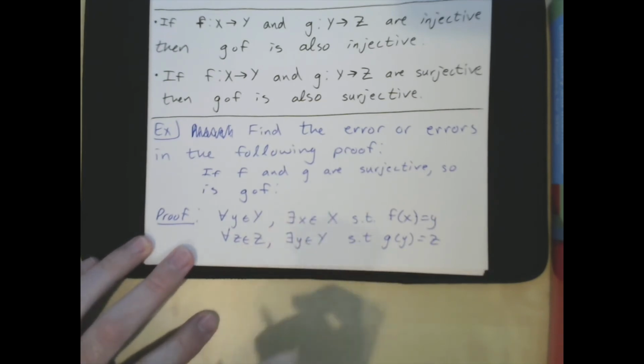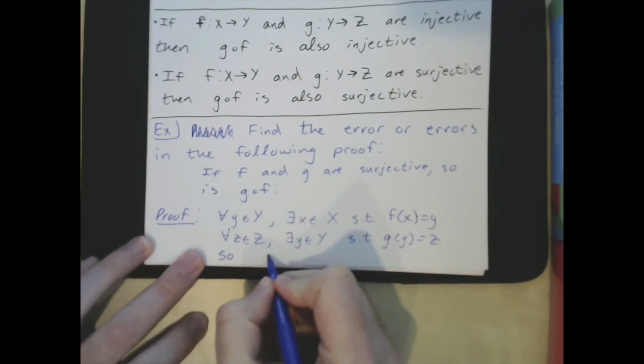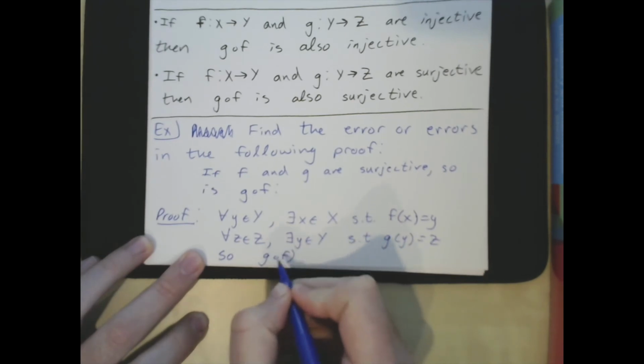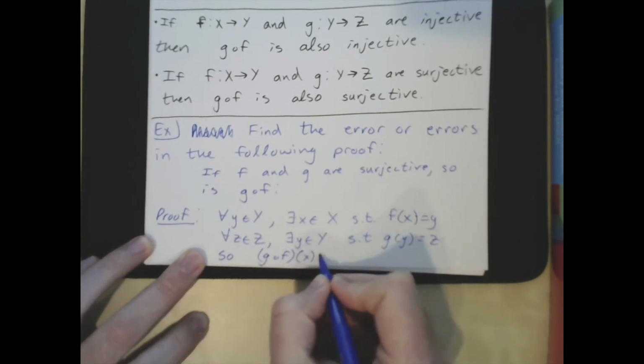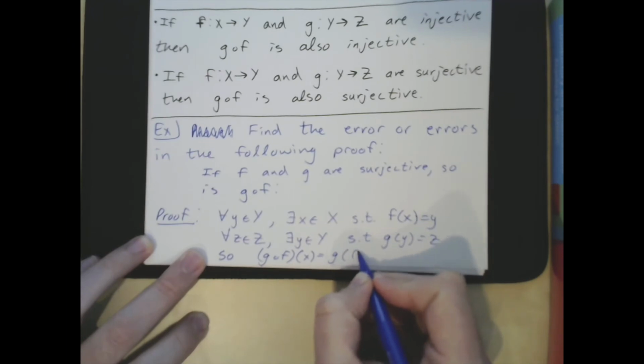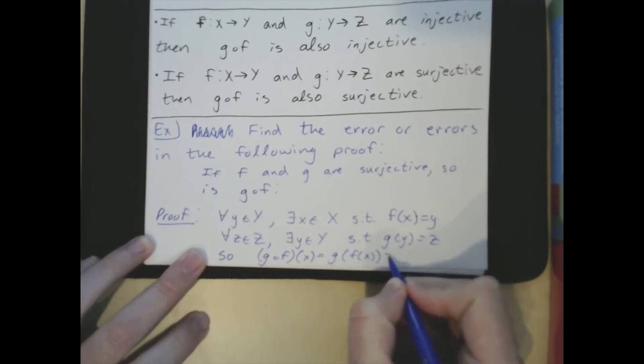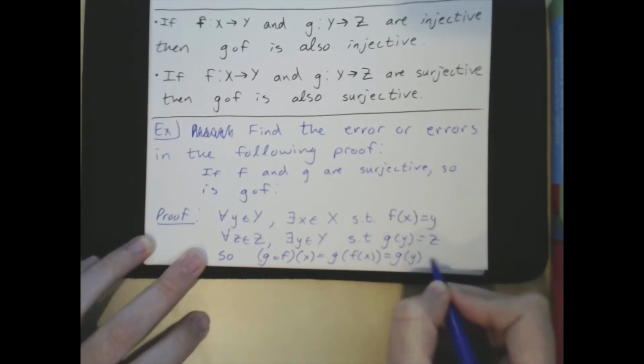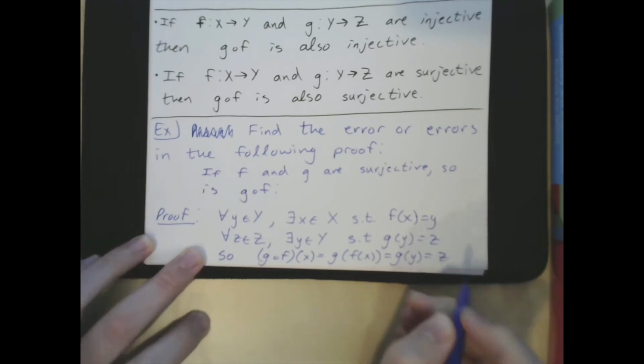So I have these two lines. So g circle f of x equals g of f of x, which equals g of y, which equals z.